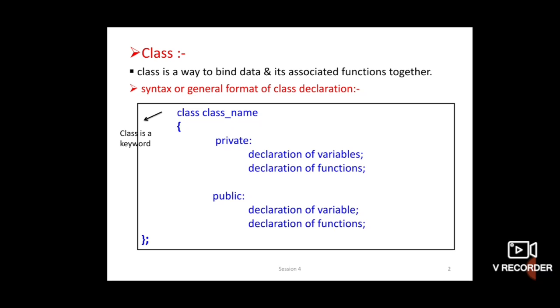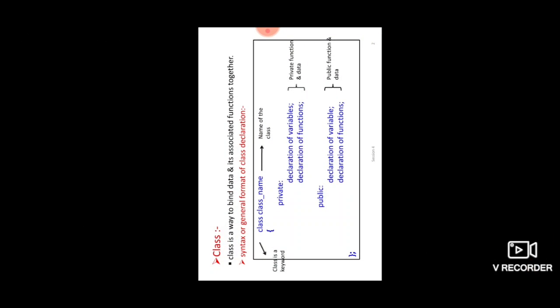Class is a keyword, and this is the name of the class. You can give any name to the class. The declaration of variables and functions under private are private functions and data, and under public are public declarations of variables and functions.